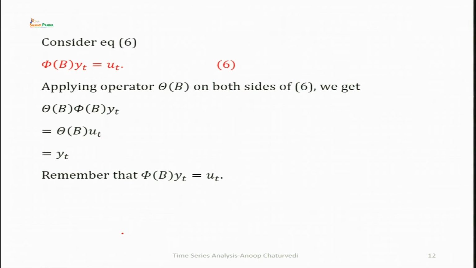Now, we consider equation 6, which is phi B y t is equal to u t. Now, suppose you apply the operator theta B on both sides of 6, then what you get? Theta B phi B y t equal to theta B u t. Then theta B u t is equal to y t.